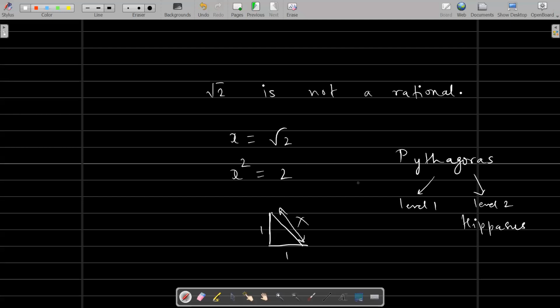Only rationals. So for them, number was something like integer by integer, right? Okay, so he said, if we take in our triangle this side as 1, this side as 1, then hypotenuse is not a side. And by that he meant that there is no rational which equals this length.